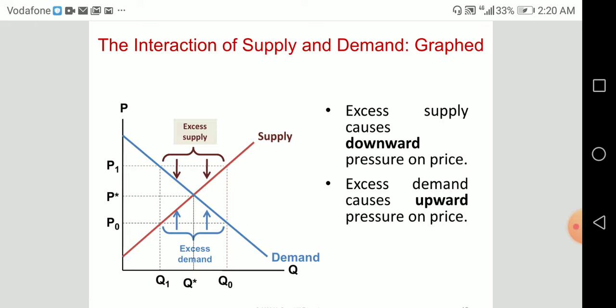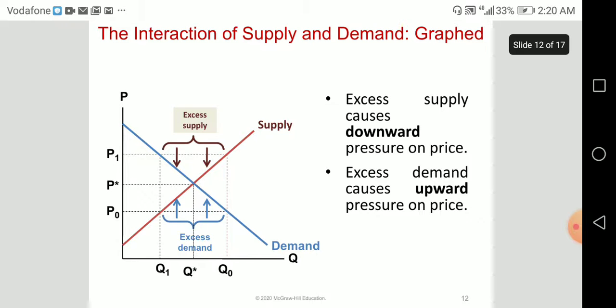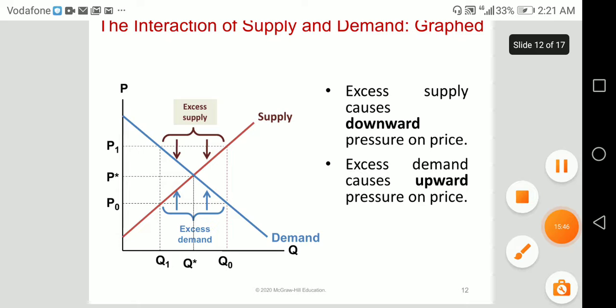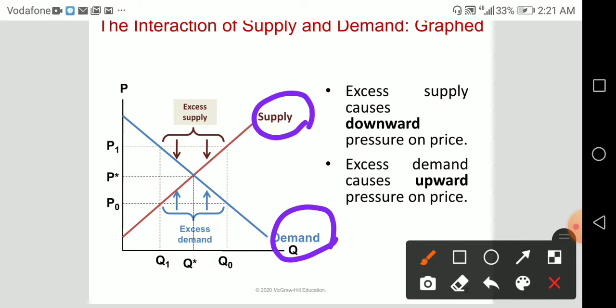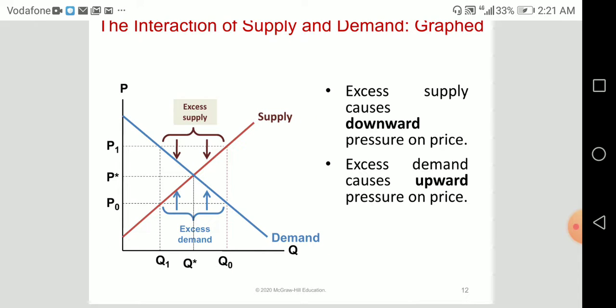In the interaction of supply and demand graph, I have the supply curve, the red one, and the demand curve, the blue one.